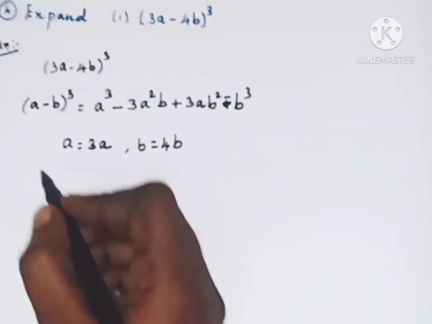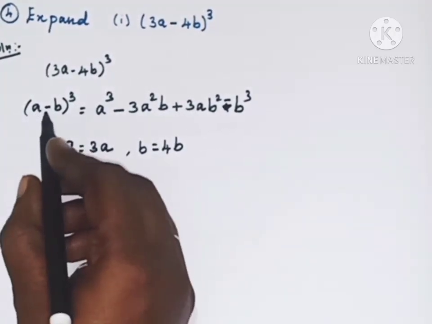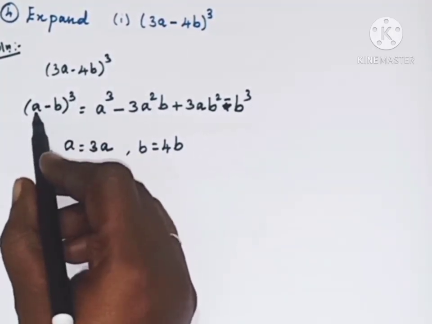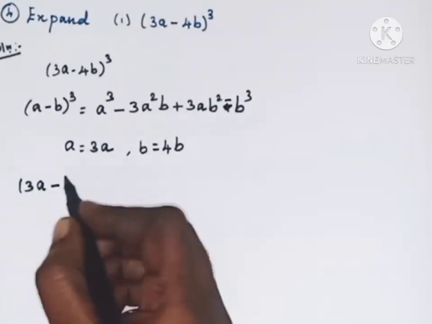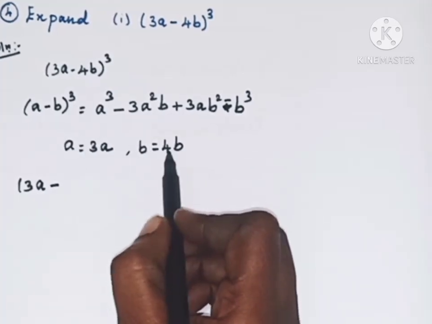Okay. Now (a minus b) the whole cube. In the place of a, we have to put 3a, minus, in the place of b, we have 4b here.